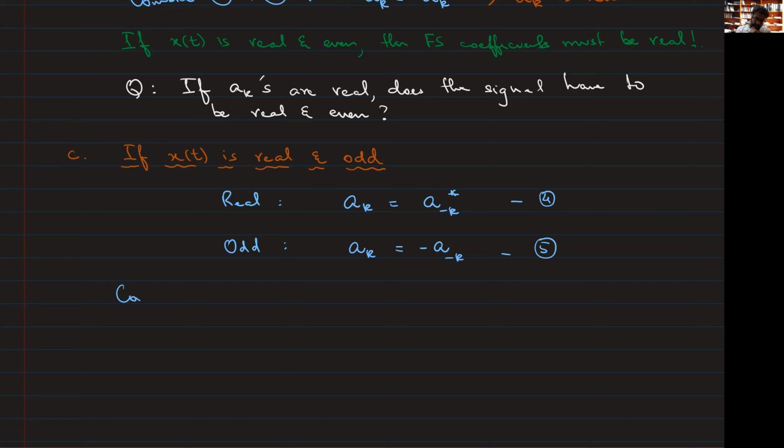If I combine 4 and 5, what do I get? Can somebody try to do it, or maybe somebody has done it already in their notes and can tell me the answer?